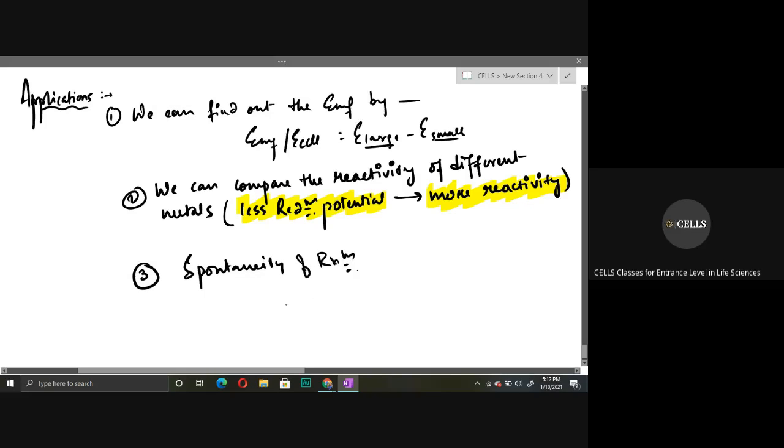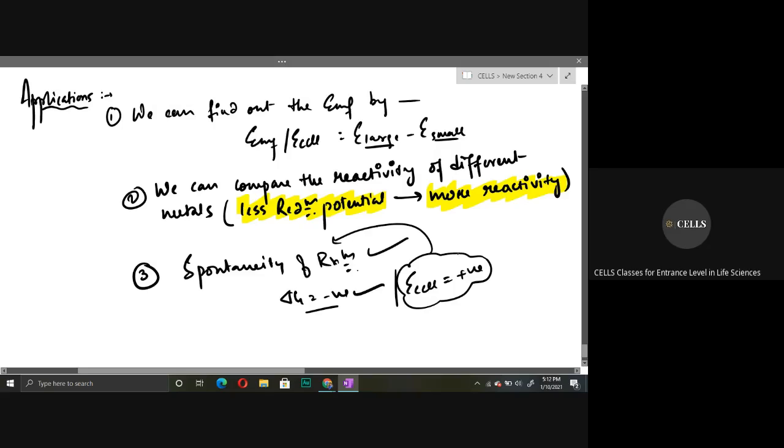If delta G is negative, the reaction is spontaneous. We also know that if the E cell is positive, it also gives an idea that the reaction is spontaneous. If it's negative, then the reaction is not spontaneous.